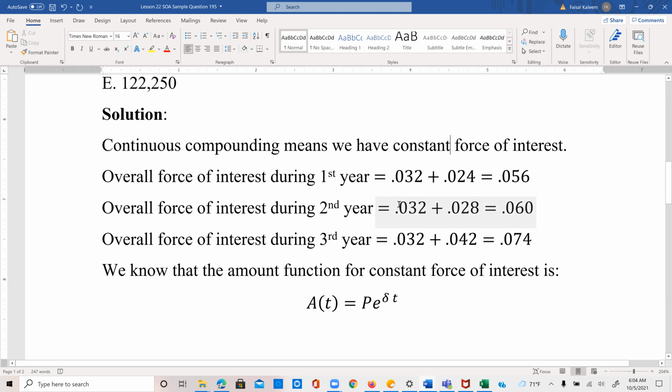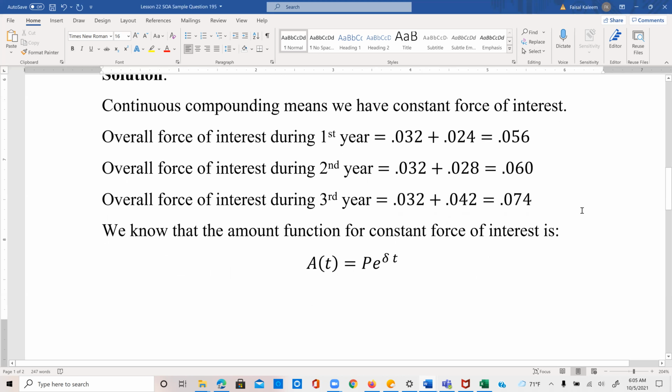So overall force of interest during the first year, as we said, would be the basic rate, which was 3.2% plus the inflation rate for the first year. So that's 0.056. Similarly, you add the second year and third year inflation rates to the basic rate to get the second and third year overall force of interest rates. And we know that under constant force of interest, the amount function is P e to the power delta t.